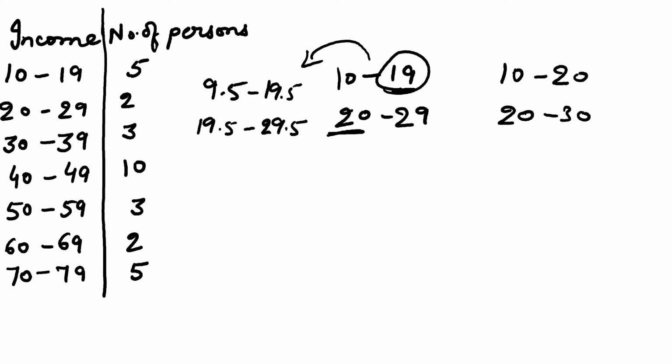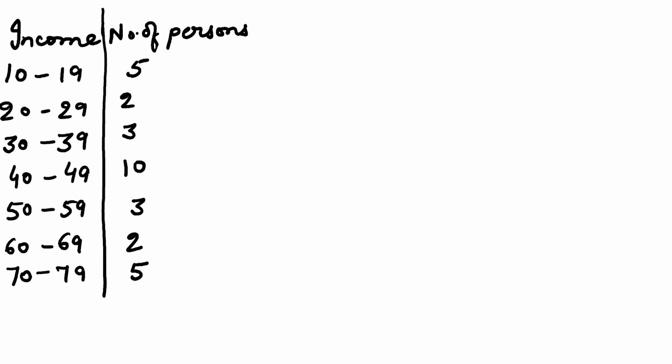So let's see how to calculate arithmetic mean in this question. This income is the x variable and the number of persons is f, meaning frequency.